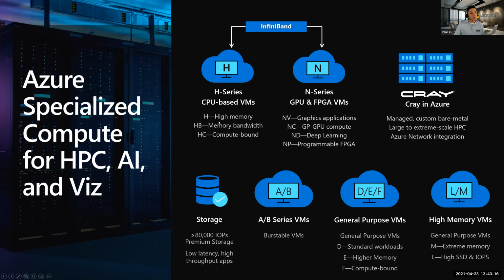And so HB, I think the HB v2 may be something that you want to target for your Open MPI exercise. So this is a high memory bandwidth virtual machine. Both of these do come with InfiniBand already preloaded, pre-configured on those virtual machine images, okay?